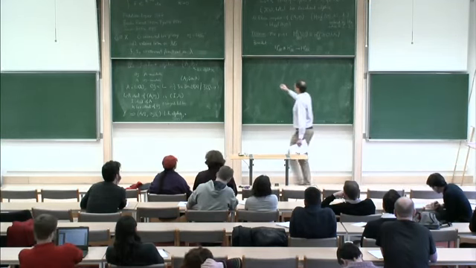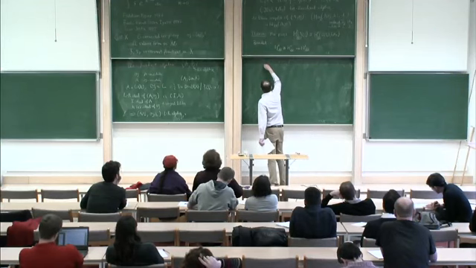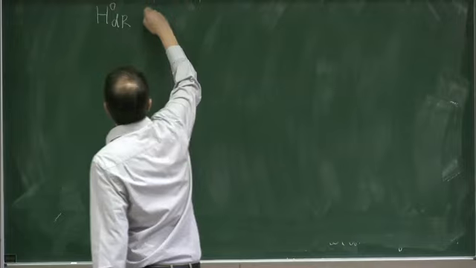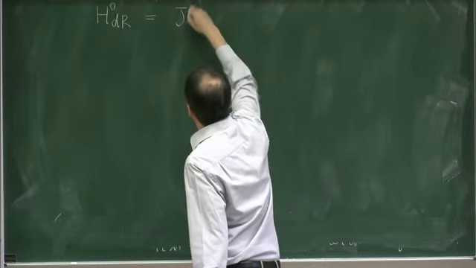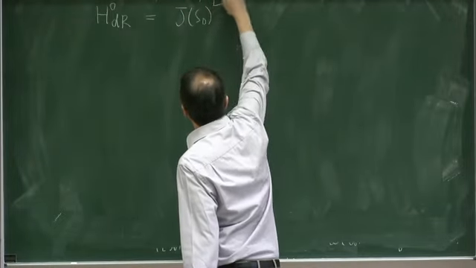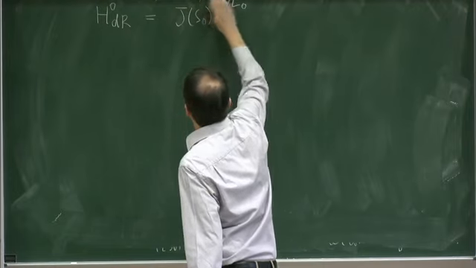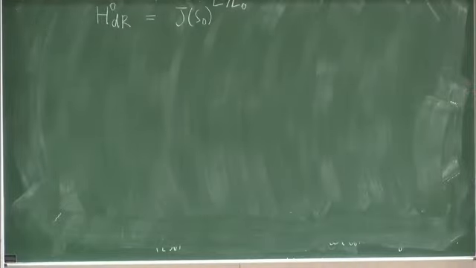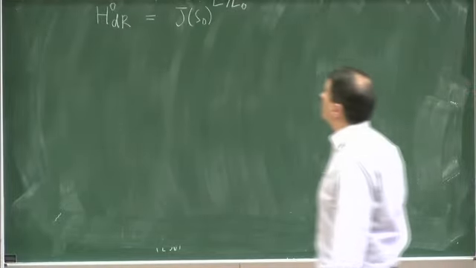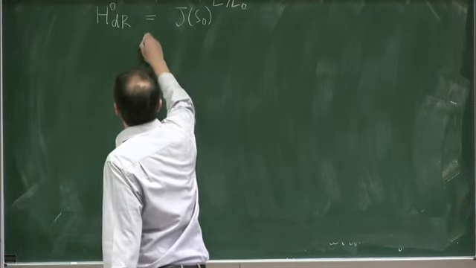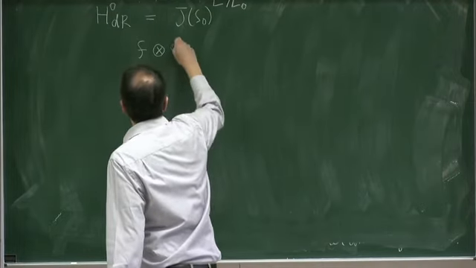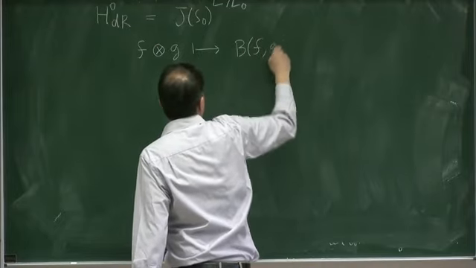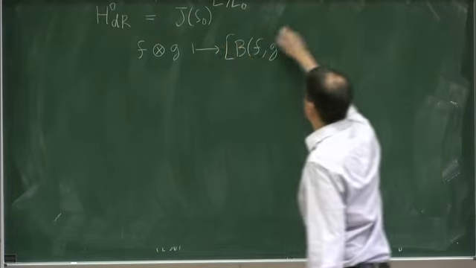Right, so remember that H0 was equal to the invariants. You can also write L mod L0, because L0 acts trivially on the Jacobian ring. So now what we are supposed to do is to send this to some element of B, the class of some element here.